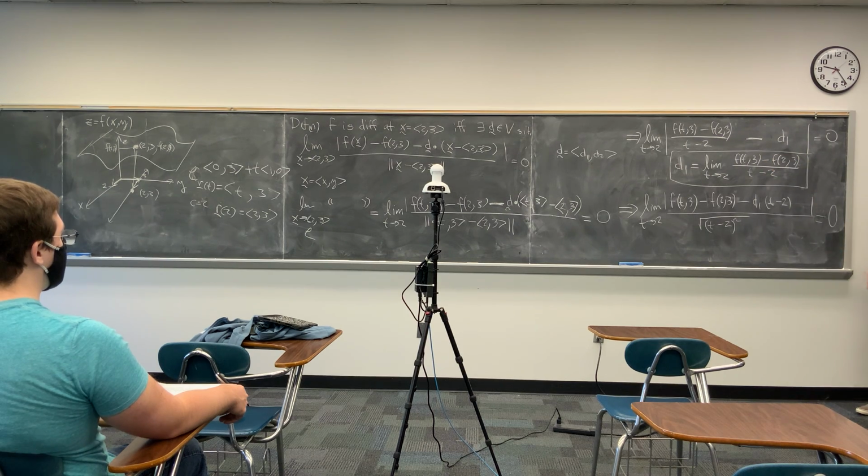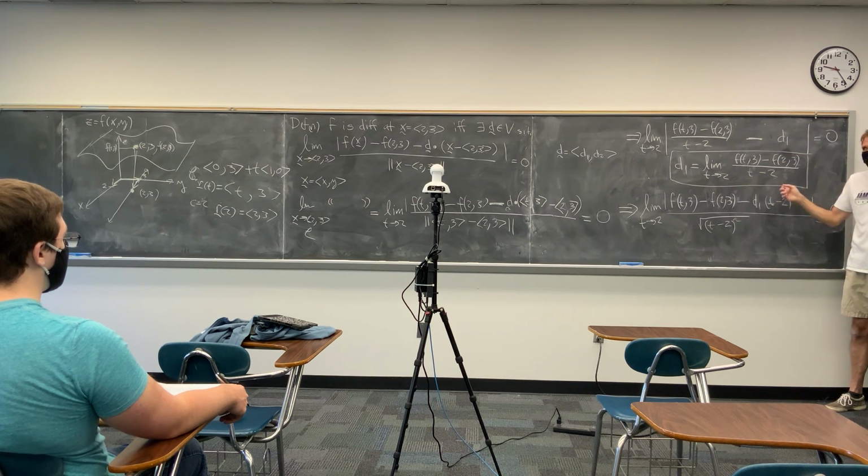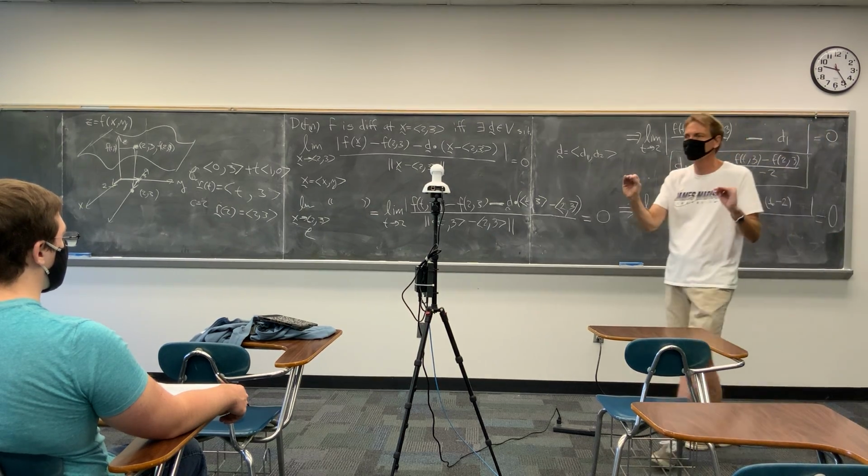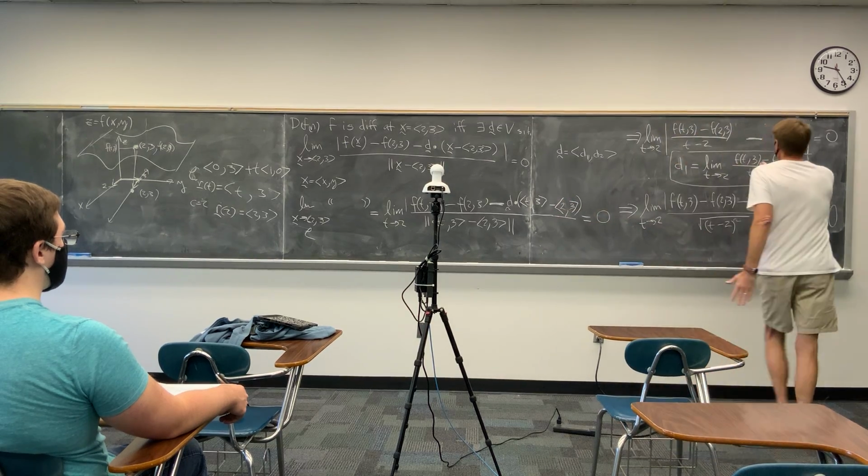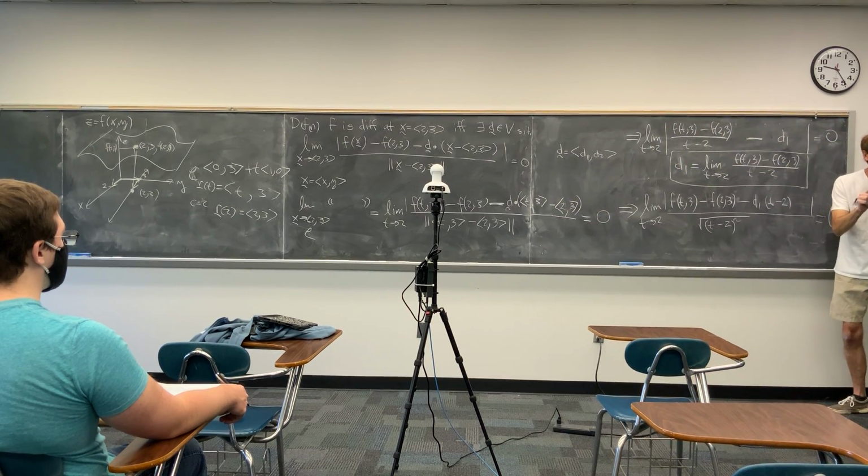In fact, it looks a lot like f of x minus f of c, all divided by x minus c, except for the 3. Doesn't it look just like a derivative? With the exception of the 3. But here's the thing, guys. 3 is like a constant. So it's exactly like taking a derivative.